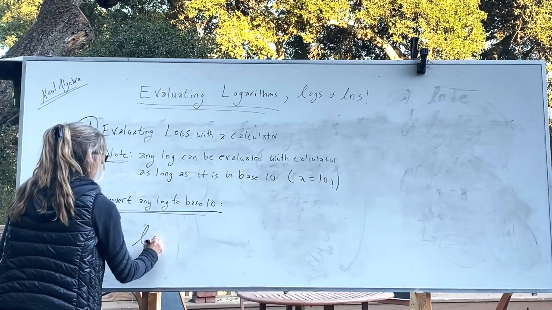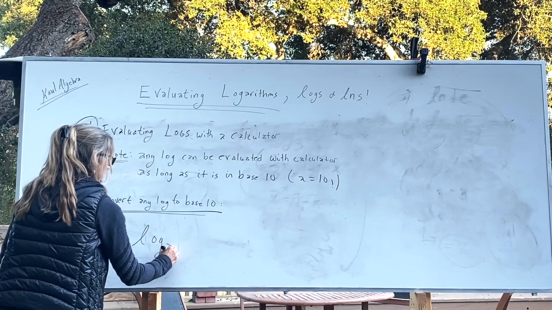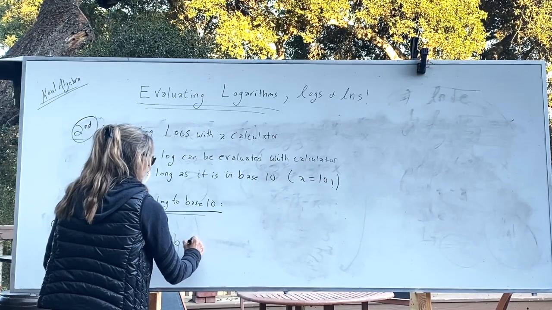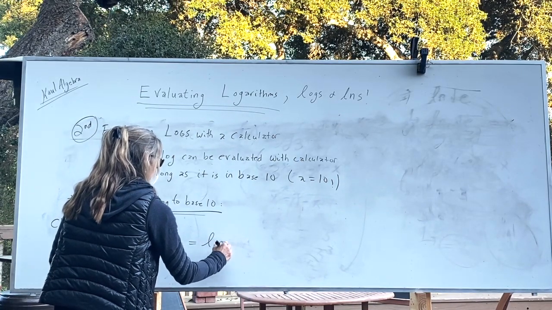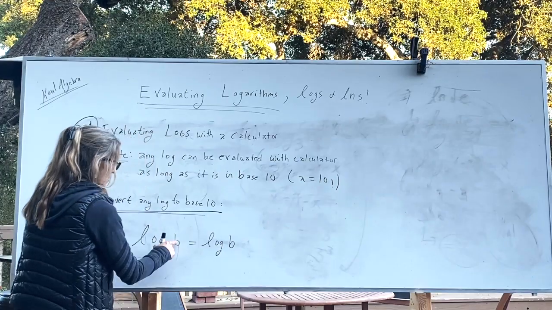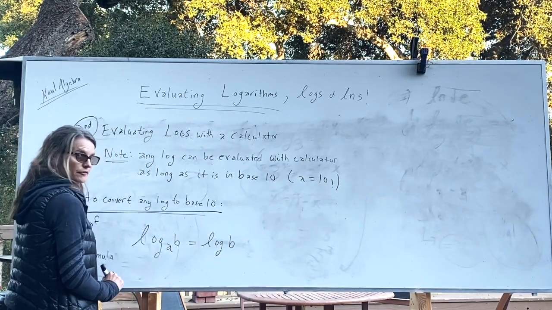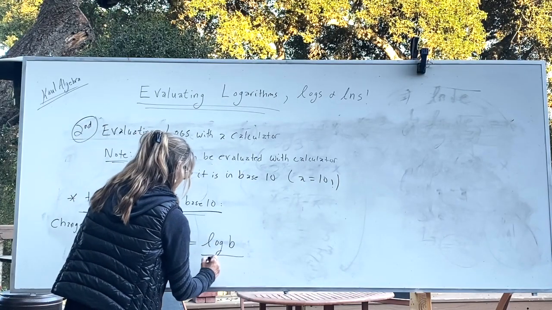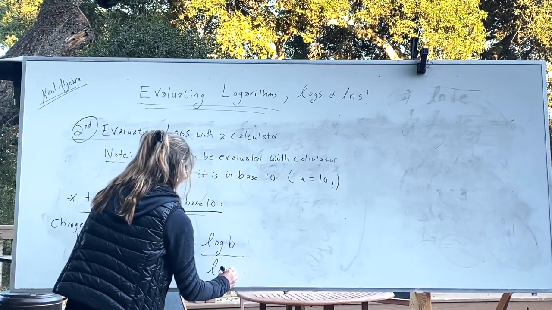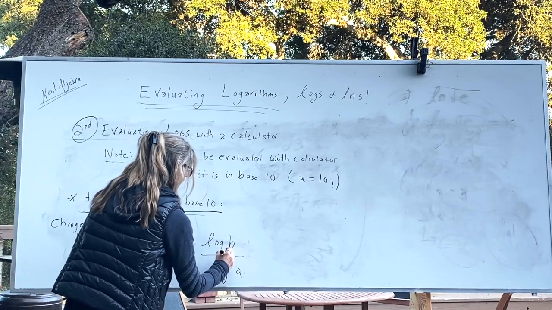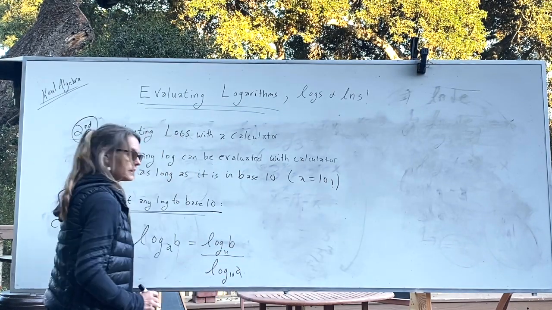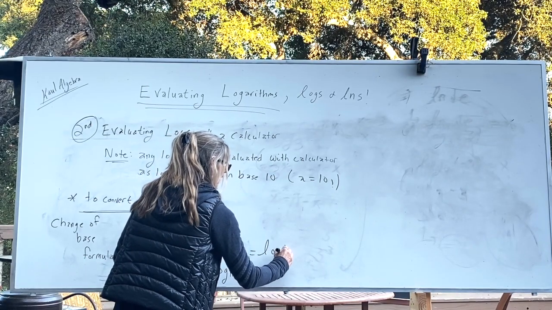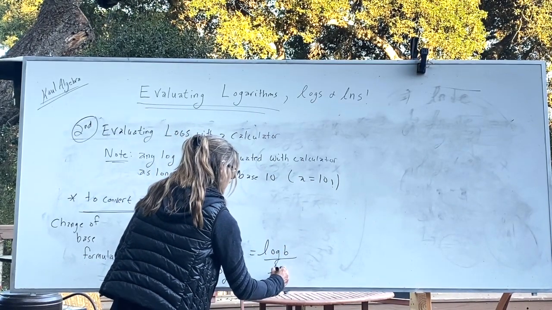If you have a log with base A of B, this is equivalent to the log of the top value over the log of the bottom, the one in subscript. This converts it to base 10, which is always understood. So log of B over log of A.